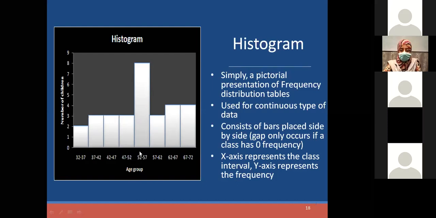Now, women of ages 52 to 57 years have 8 children or more. Please remember, this does not mean that these women are producing more children. No, you just have data. You take the ages of the women and then ask the number of their children.